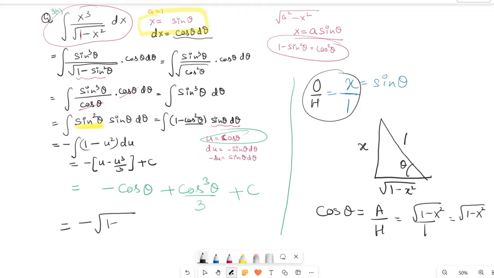Negative square root 1 minus x square plus 1 minus x square power 3 by 3 plus c. This one we can also write as, we can just get rid of the square root also, and this can be written as power 3 by 2. This is your final answer because now it is in terms of x.